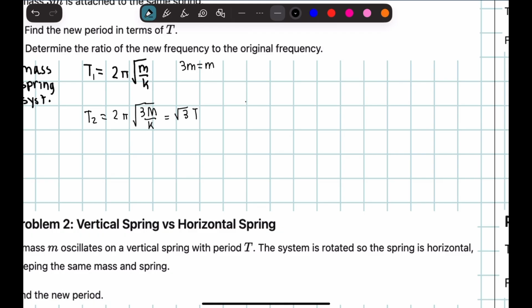The formula for frequency is 1 over T. So we have the ratio of f2 over f1. That's going to be T1 over T2, and that's going to be 1 over root 3.